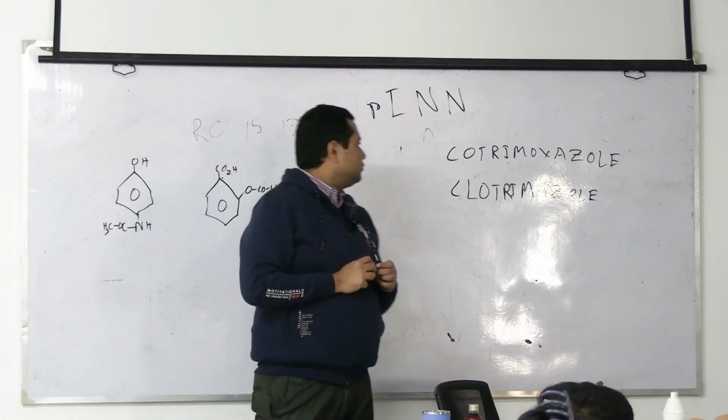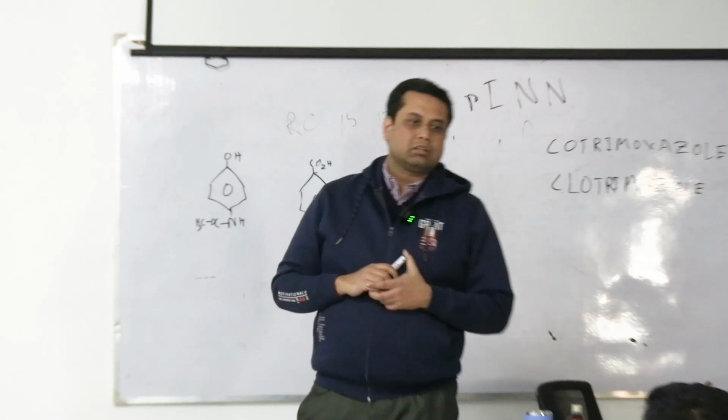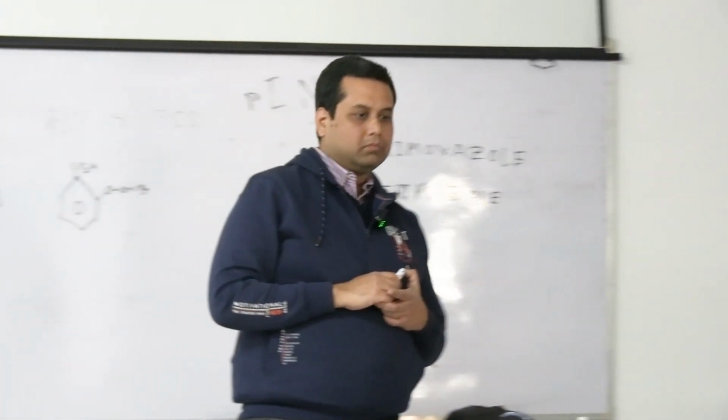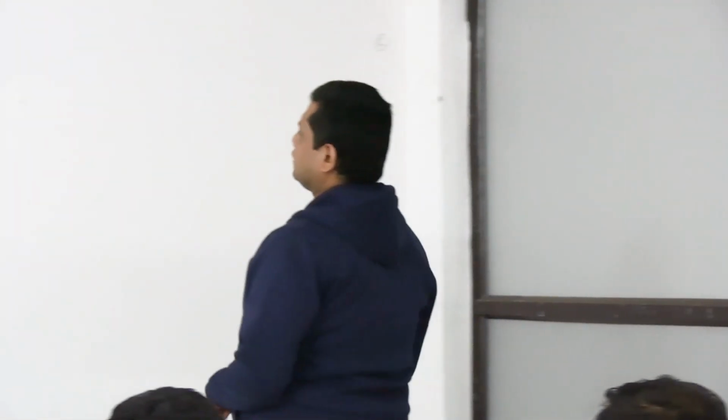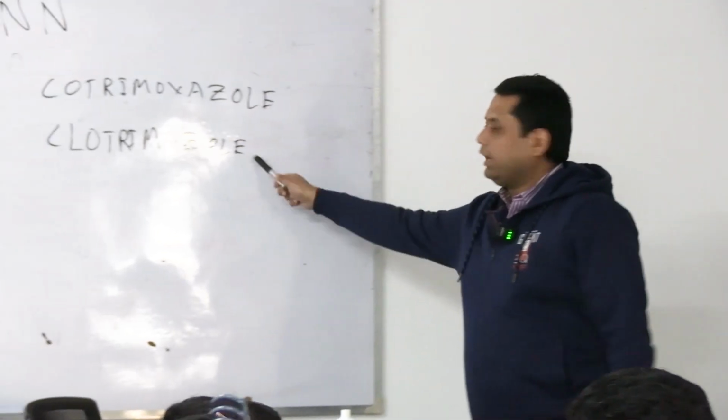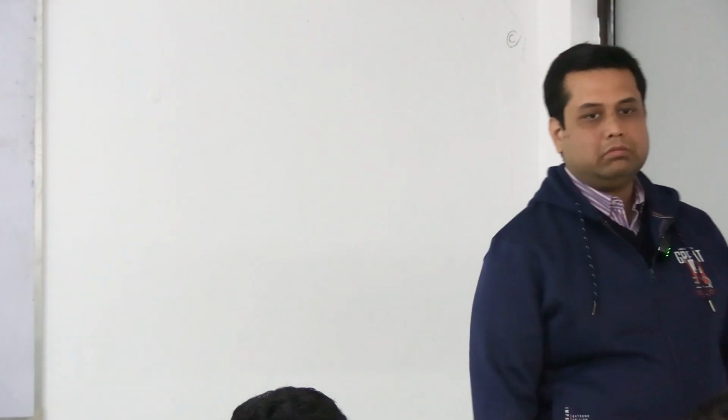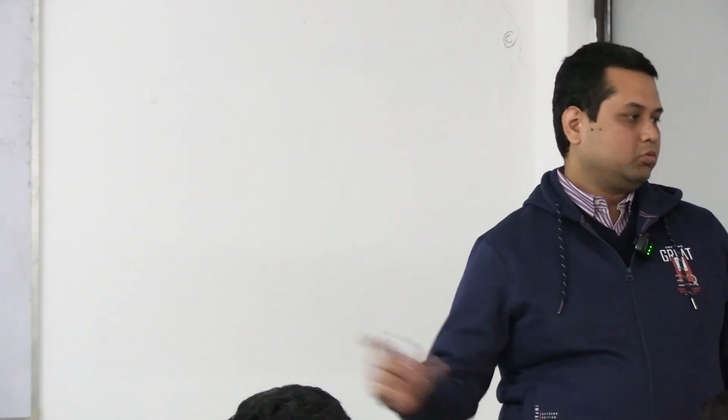So what is cotrimoxazole? There is a short note on fixed dose combination. Okay. Cotrimoxazole is a fixed dose combination of trimethoprim and sulfamethoxazole 5:1, and clotrimazole is an antifungal drug. Okay. Both sound very similar but the two are very different, so care should be taken, such closeness should not be there.